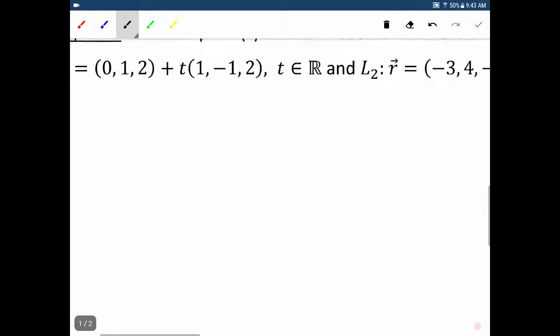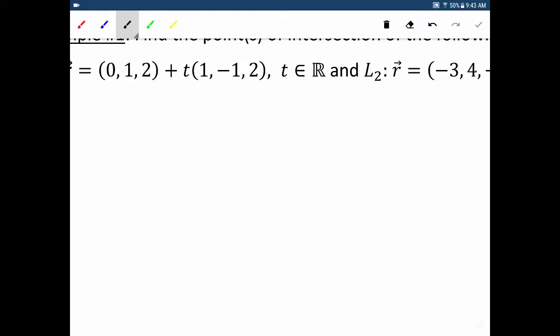So if we look at the first one, we get t. The x-coordinate for line 1 is t, and then for the second it's -3. Our second one will have 1 minus t, and then the y for the second is 4 plus s.